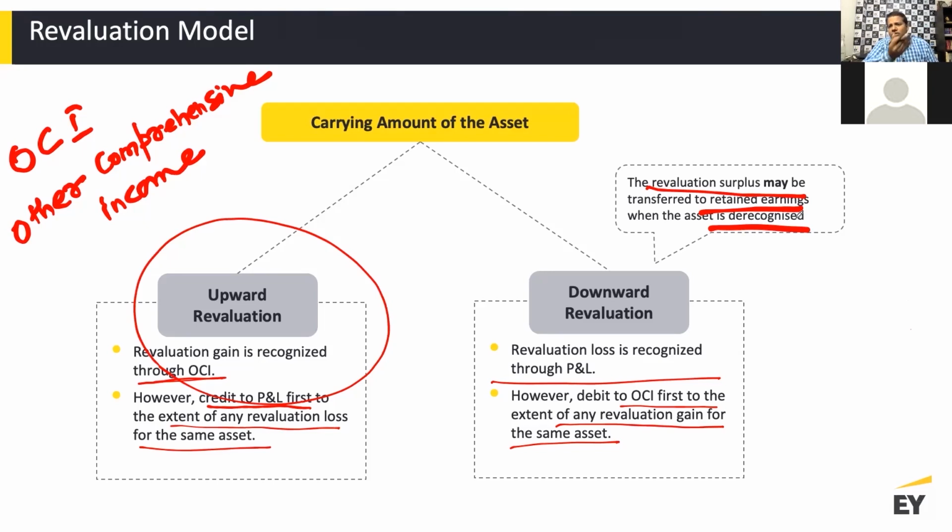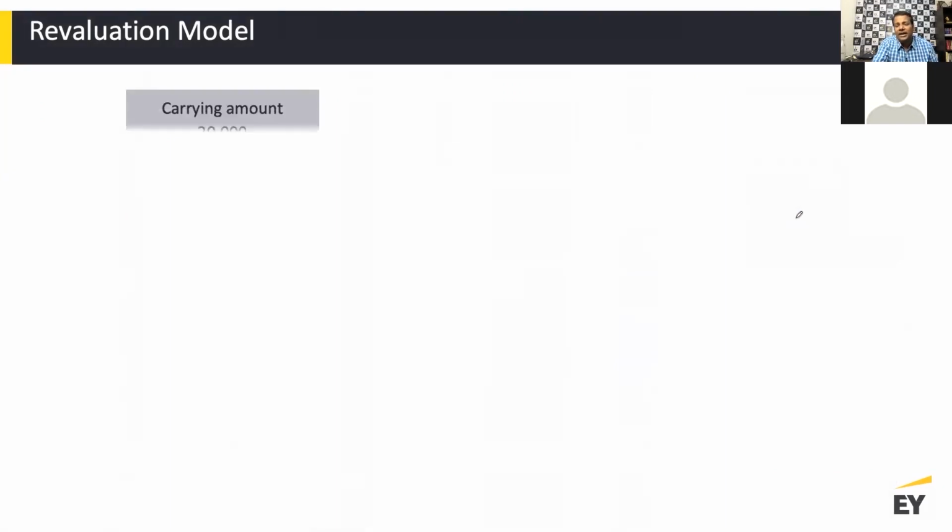However, if you dispose of that asset or fully depreciate that asset, then whatever is left in the revaluation reserve, the standard provides a mechanism that you can actually transfer that to retained earnings. And if you transfer that to retained earnings, then that becomes part of the distributable profit pool of the company. That's why this enabling provision is important.